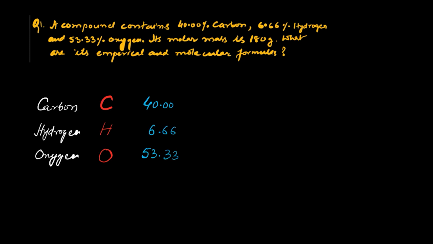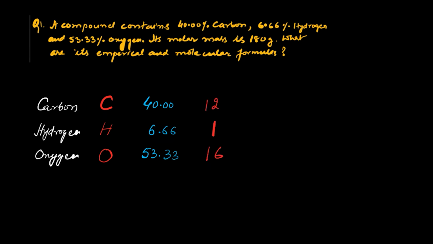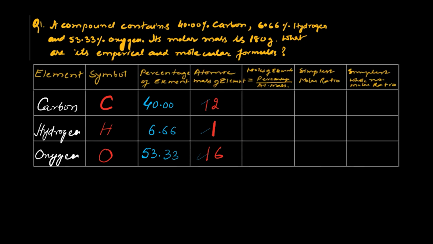So after writing this, we'll write atomic mass. Carbon is 12, hydrogen 1, oxygen is 16. And thereafter, we'll calculate moles of the elements. That we calculate by dividing percentage by atomic mass.